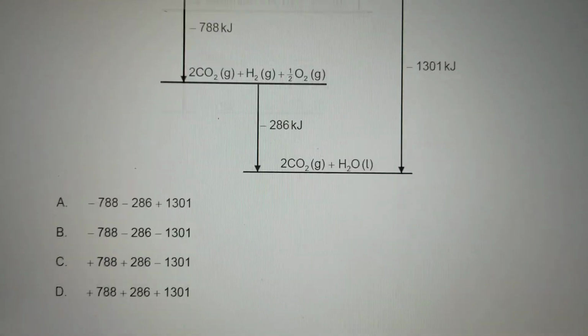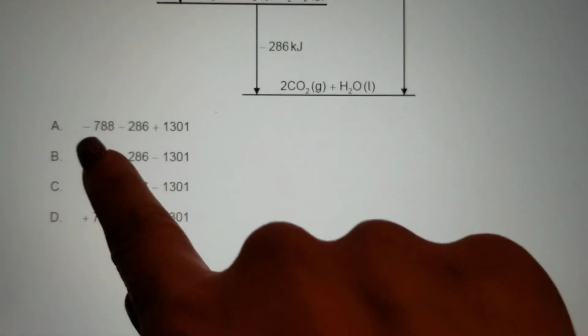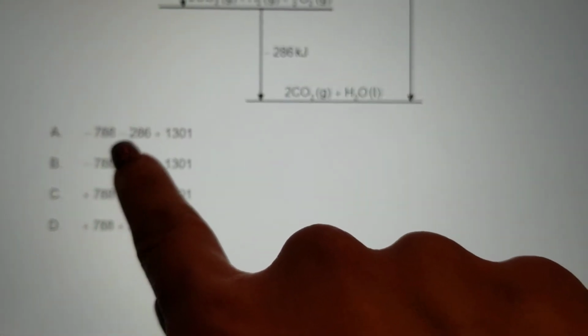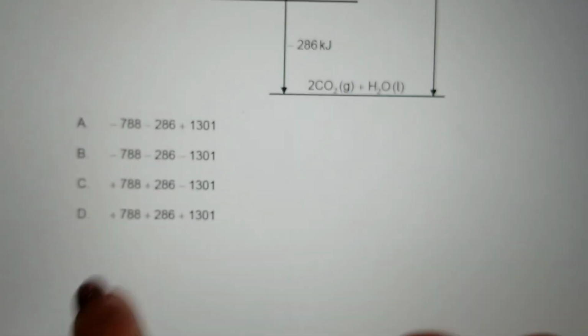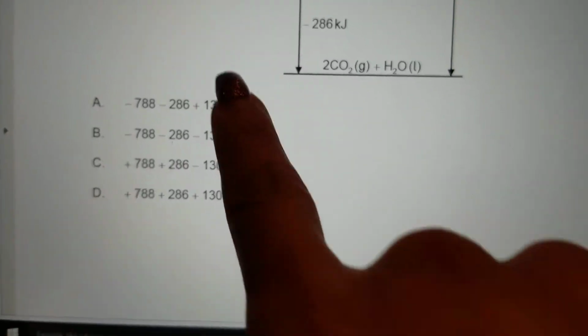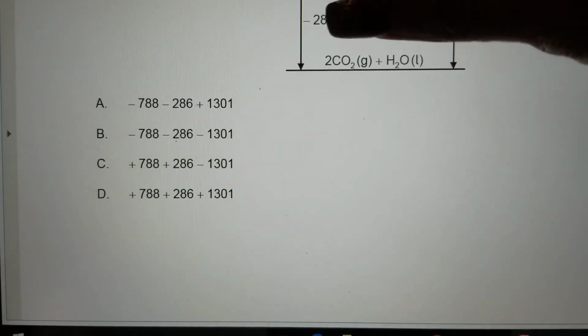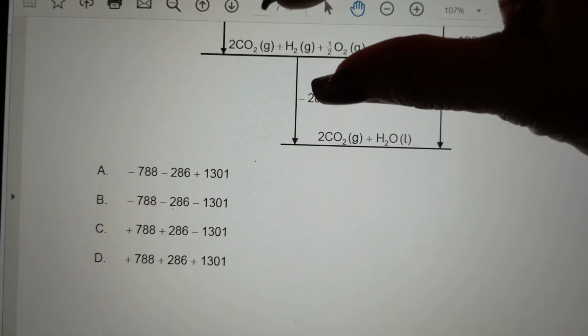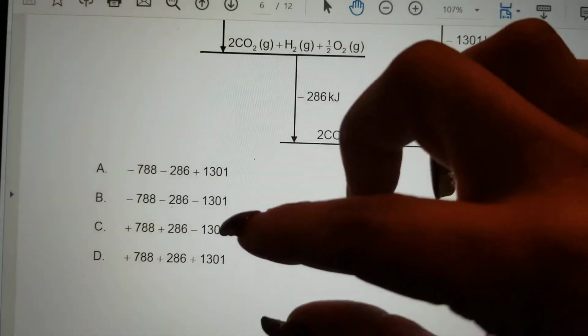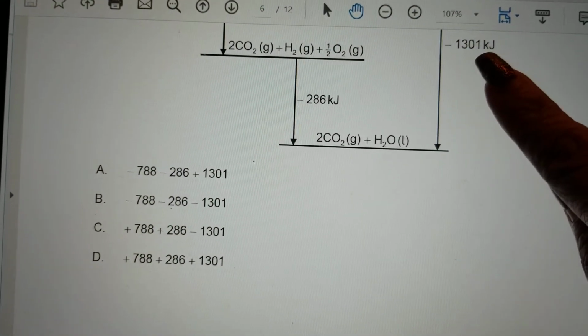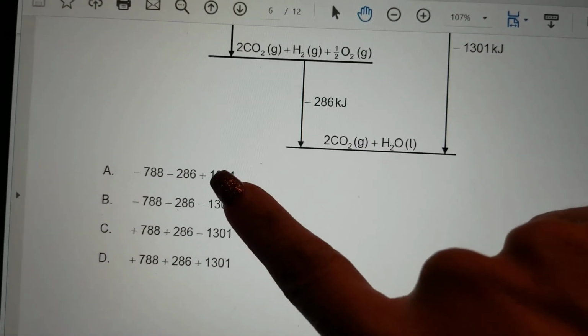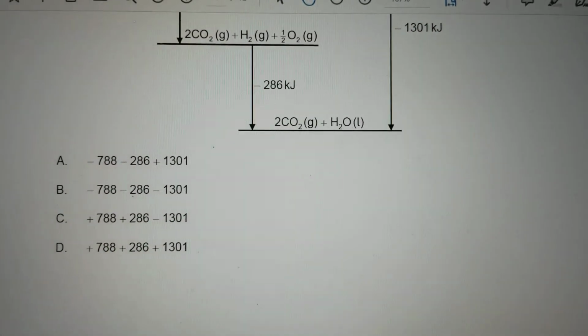So the answer would be negative 788 minus 286 plus 1301. Again, you're taking those two values and adding them together, and subtracting negative 1301 is the same as adding 1301. So the answer there is letter A.